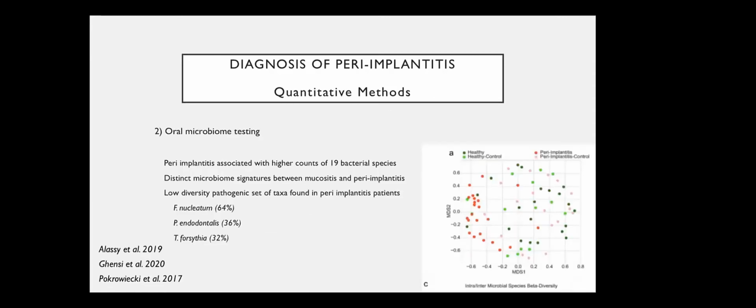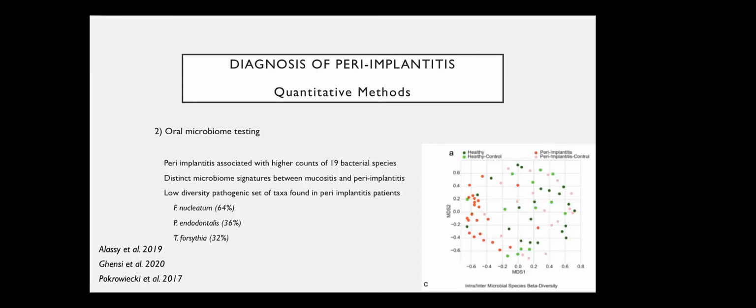Then we've got other ones, which are oral microbiome testing. So the idea of looking at the bacteria, we all know that peri-implantitis originates from pathogenic bacteria surrounding the implant and causing inflammation and infection. So with oral microbiome testing, it's looking at the idea that with peri-implantitis, you have higher counts of 19 bacterial species, and you can see them all here. And interestingly, these 19 bacterial species generally are very low in diversity.